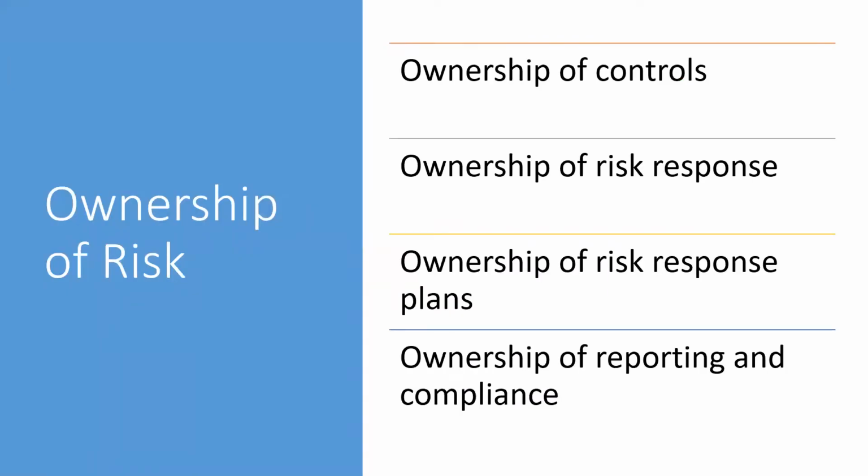Ownership of risk. We need to define who owns controls, who owns the risk response, who owns the risk response plans, and who will be responsible, who owns reporting and compliance with regards to each risk.